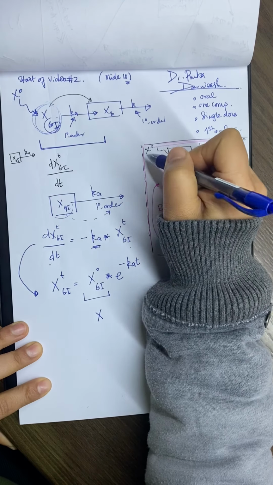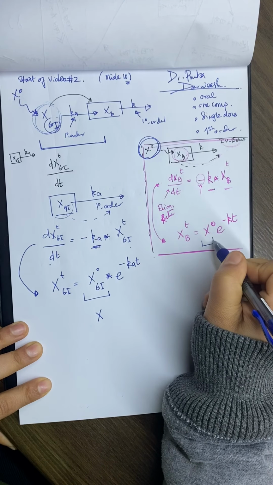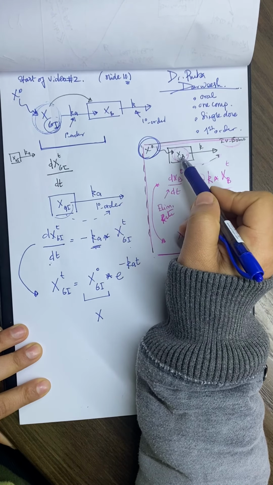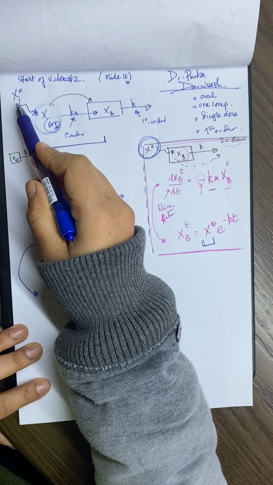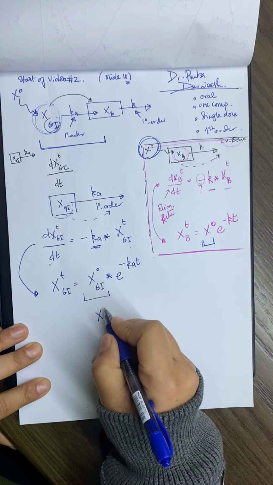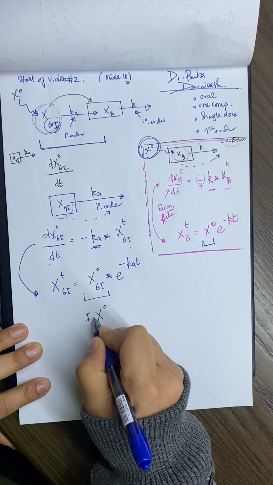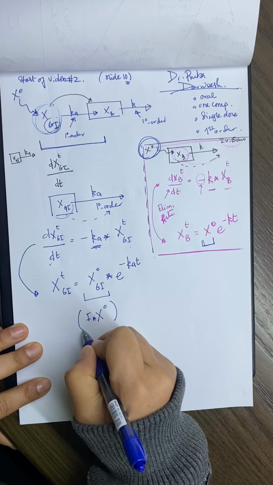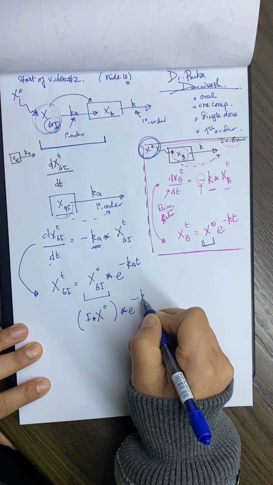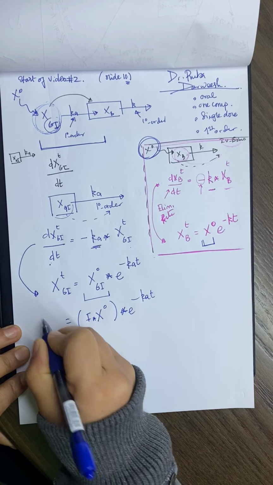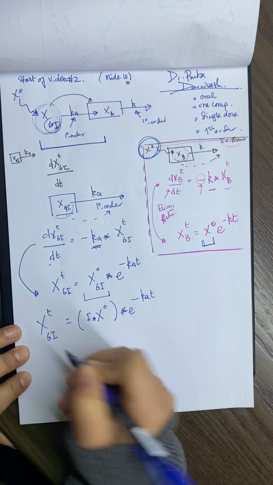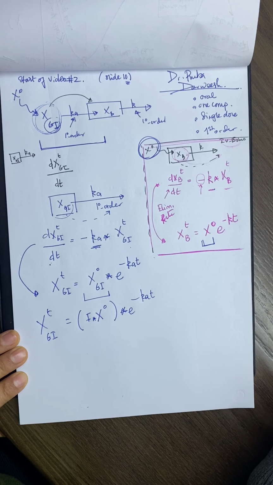Here it was equal to x naught because the whole dose entered the body. We don't have it completely here. It will be a fraction of the dose, multiplied by e to the minus Ka multiplied by the time. This is equal to xgi at a certain time.